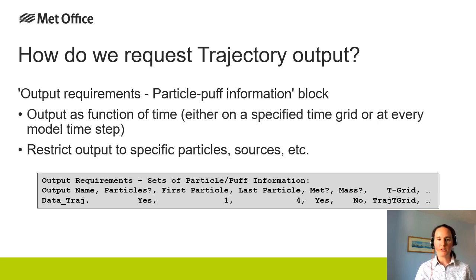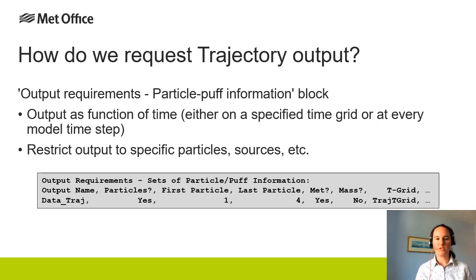It is also possible to restrict the output. So you can see in the example below that we've asked for the particle output for the first particle 1 and up to the last particle 4. So we're only asking for output for the first 4 particles, even if we might be modelling millions of particles. This is a good way of outputting just a little bit of particle information as a debugging check for our data.